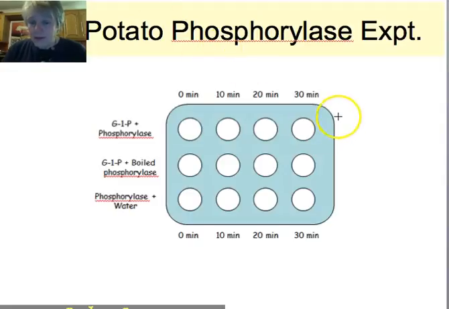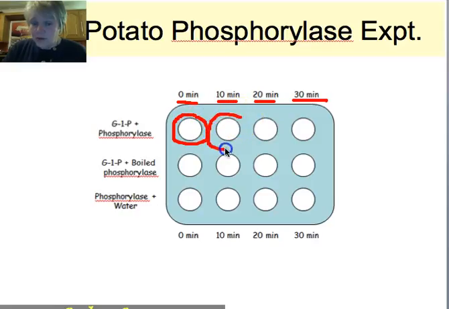What happens is a dimple tray is set up, and that dimple tray is marked with different times: 0 minutes, 10 minutes, 20 minutes, 30 minutes. In this first row, glucose 1-phosphate and phosphorylase are put into every single one of these dimples.